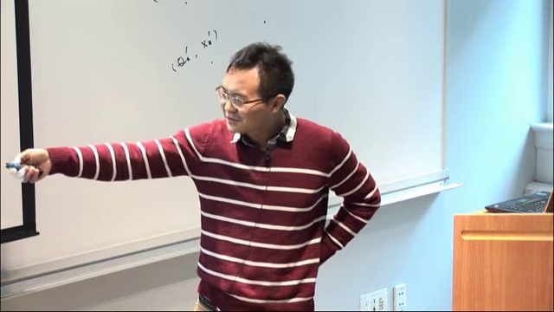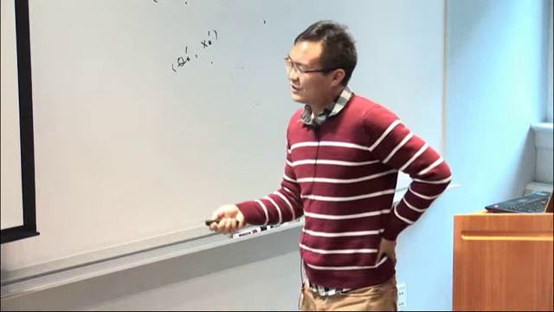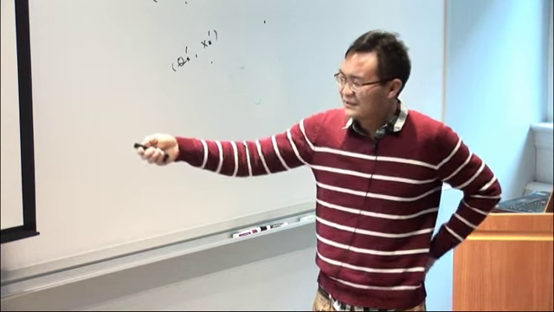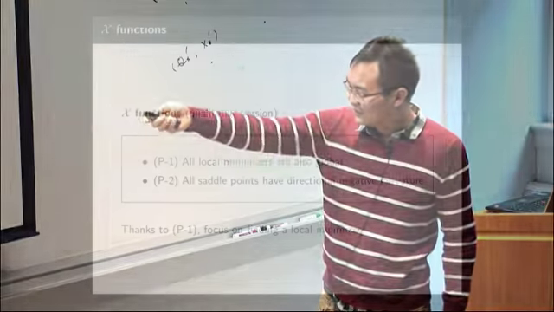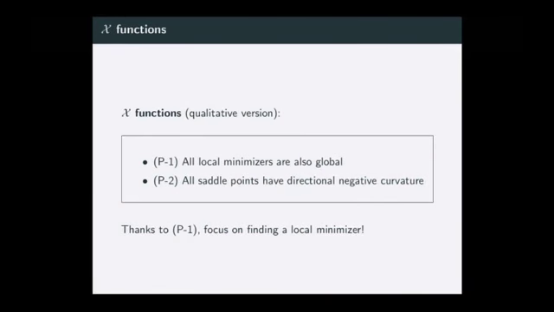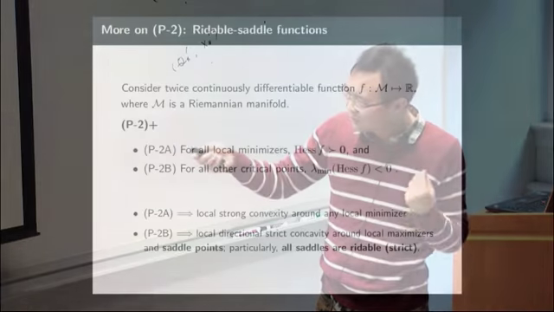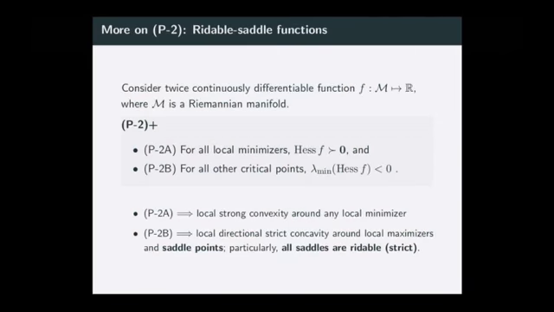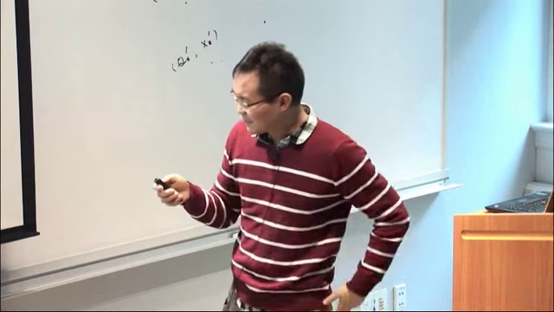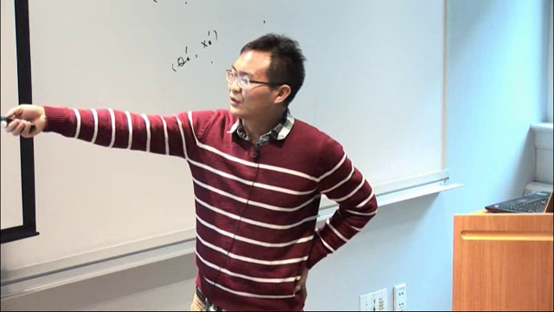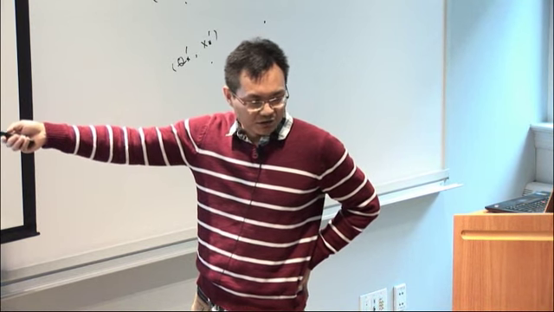It's P2 plus variant. So in this plus variant, besides the property that the saddle point has negative curvature, which actually is equivalent to that if you check the Hessian, it has a negative eigenvalue, okay, that's equivalent. Besides that, we make additional requirement on the other critical points.